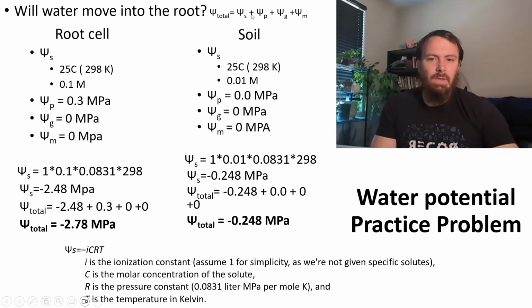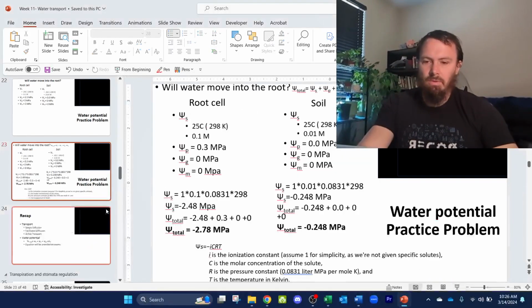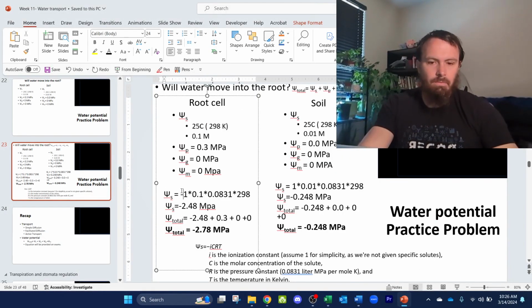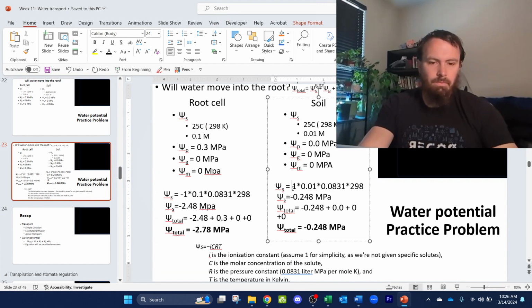So here's the equation at the top: solute plus pressure plus gravity plus matrix. And down here are going to be our calculations. We're first going to calculate solute potential for the root cell. So that should say negative 1. Let me edit that real fast.